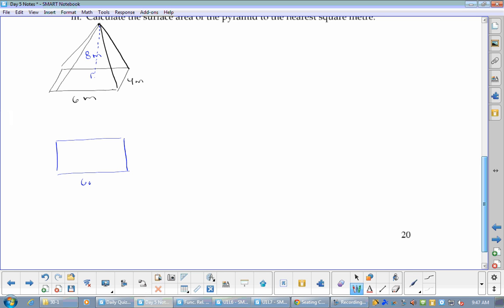Okay, we got 6 meters, we got 4 meters, we got this triangle, we got this triangle, we got this triangle. I'm going to move my 4 meters in here, 6 meters in there. Now, can I put these in?